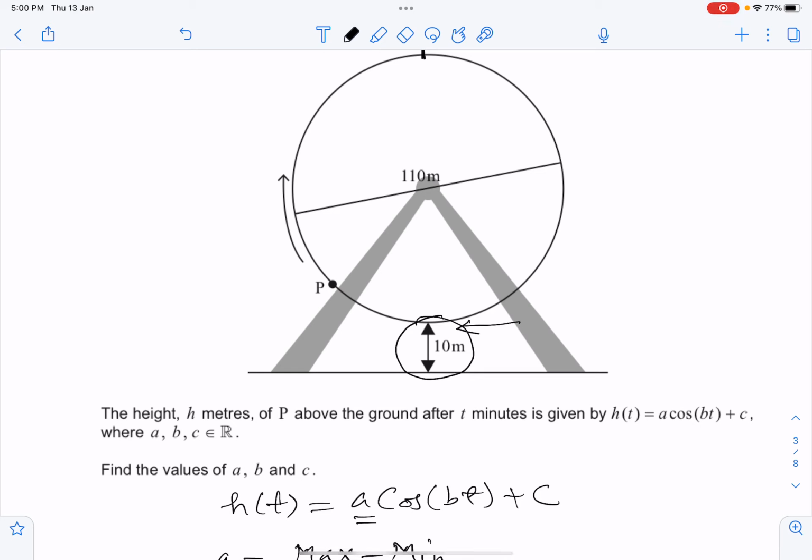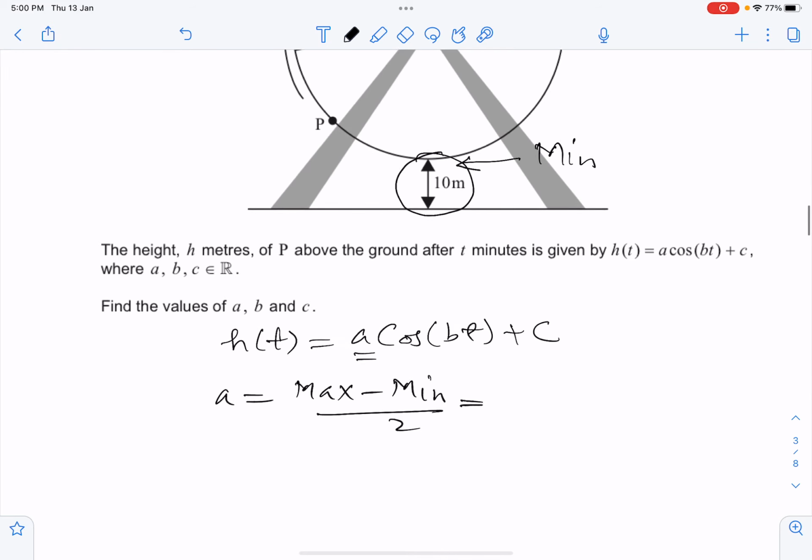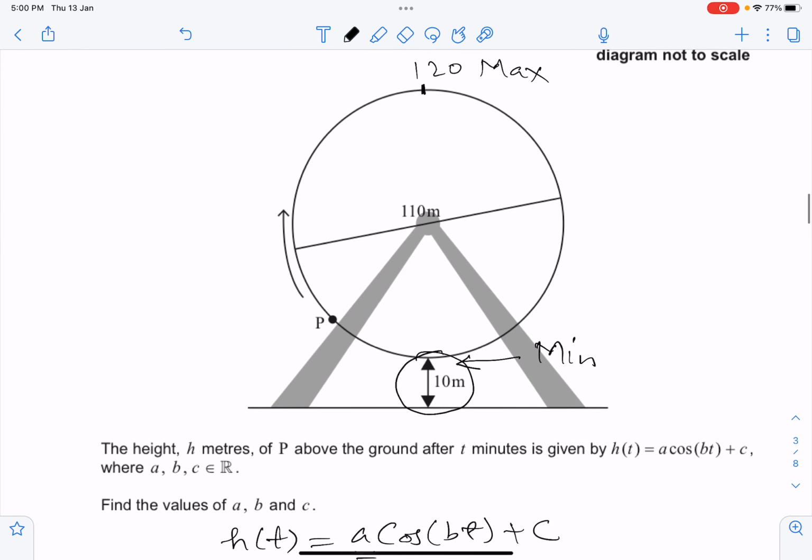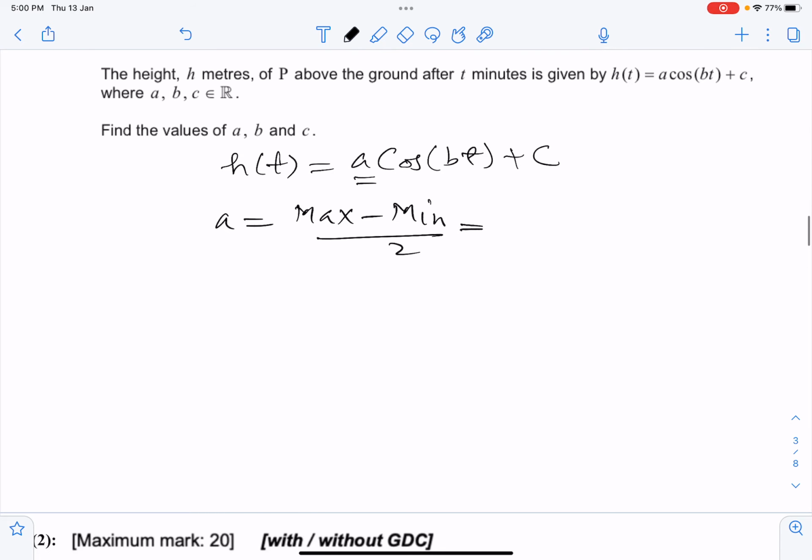And here is the minimum height, which is 10. Okay, minimum is 10. So we will substitute those values. So again look at this, 120 minus 10 divided by 2, which will give you 110 divided by 2, which will be 55.